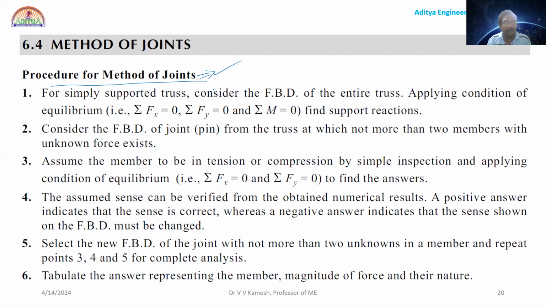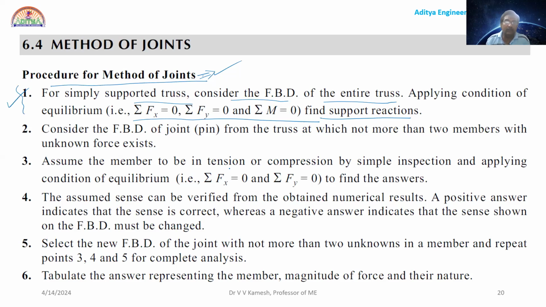As many points are there, that means as many joints are there, each and every joint's free body diagram is considered. So consider the free body diagram of the entire truss and apply the equilibrium, you know very well, to find the support reactions. You already know very well how to calculate the support reactions with the different types of loading, that is point load, UDL and UVL.